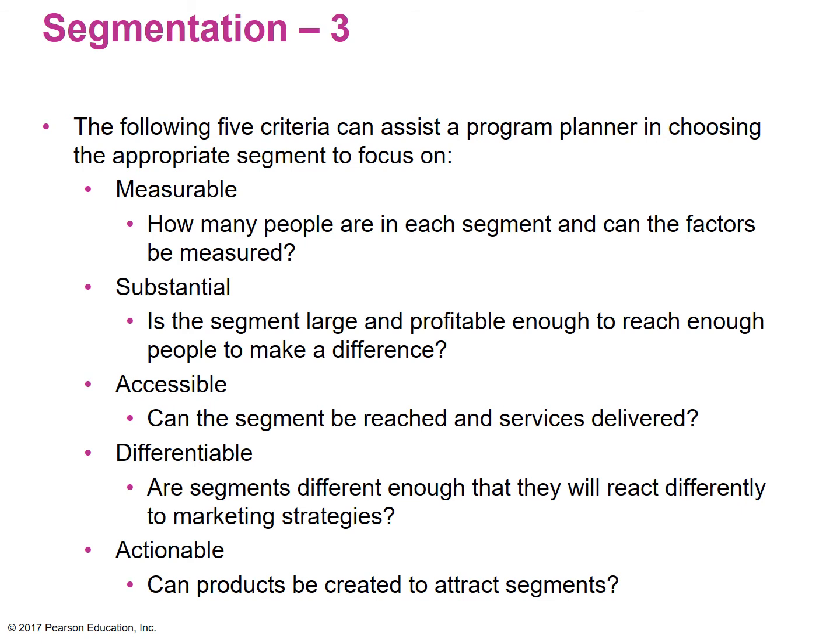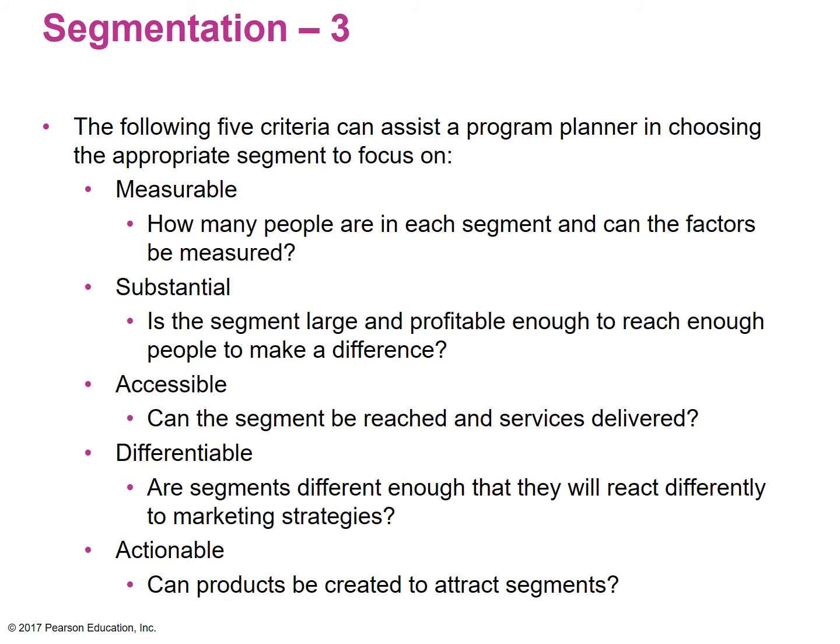Say you successfully segmented your groups and you decide you want to focus on pre-contemplators. How many people from the larger group actually show up in the pre-contemplation stage? In terms of effectiveness and efficiency, is it enough people where it makes the program worthwhile?